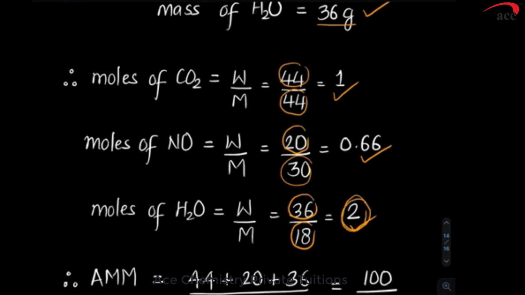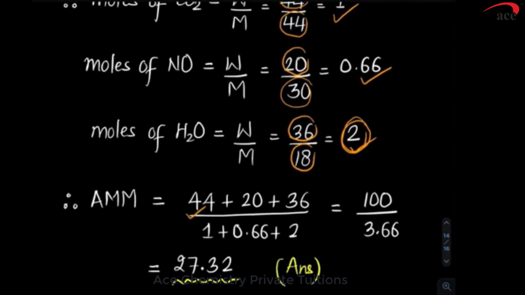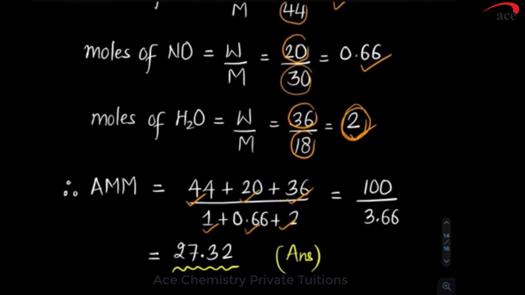What you are able to realize is water contributes more. So our final average molecular mass should be slightly closer to 18 and away from 44. But still we can check. Average molecular mass is mass of carbon dioxide, mass of NO, mass of steam divided by total moles.